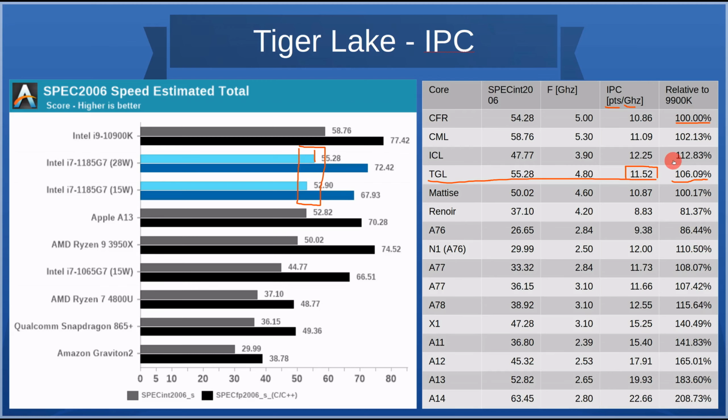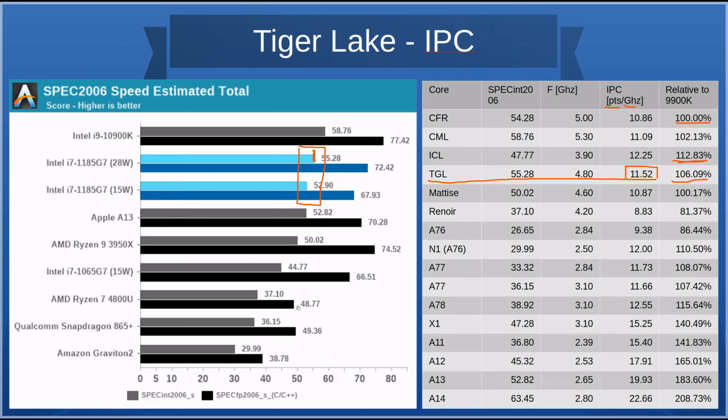And actually it's lower than Ice Lake. So Tiger Lake is hurt by maybe the new cache subsystem, or it cannot sustain those 4.8 gigahertz.